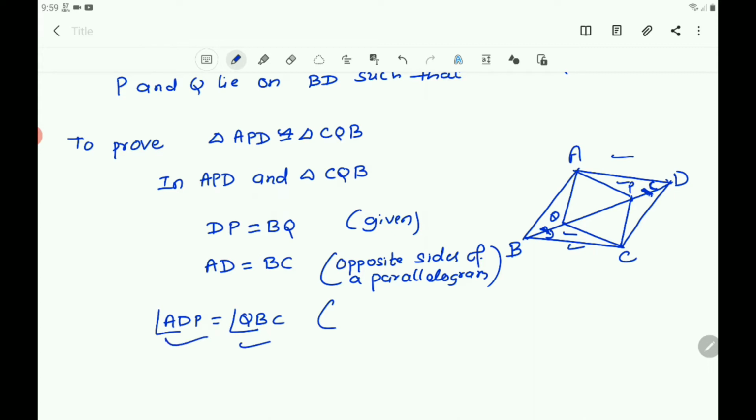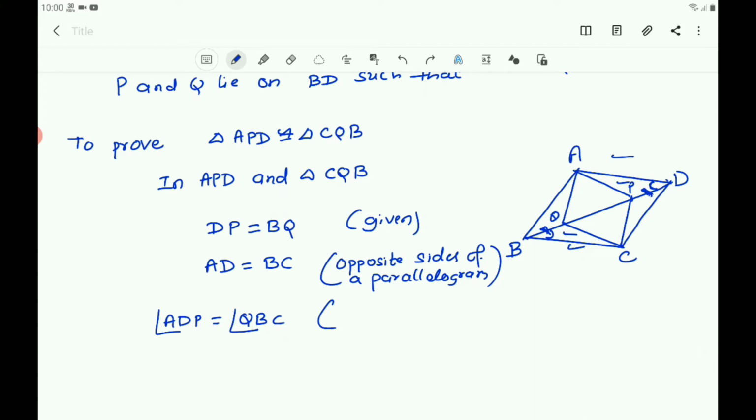So these two angles, angle ADP and angle QBC, are the alternate interior angles made by the transversal BD of the parallel lines AD parallel to BC.